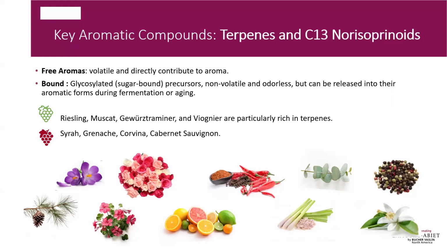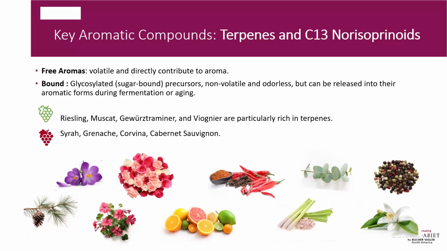But we also have Syrah, which is very well known for its rotundone, which is a norisoprenoid. So the smell of black pepper, violet, or rose from Syrah comes from here. But we also have these aromas in Grenache, Corvina, which is used for Valpolicella wines, and Cabernet Sauvignon.